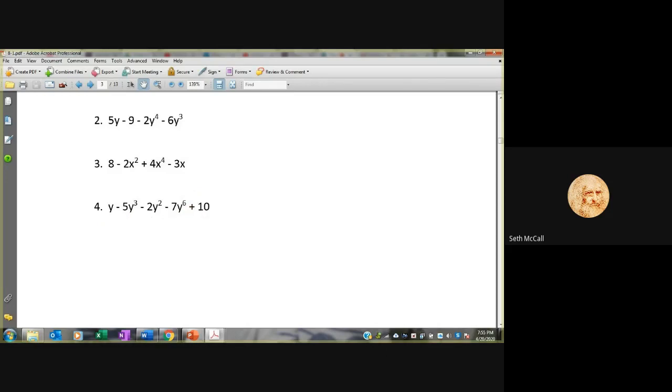So let's get started by ordering them. The highest degree is this minus 7y to the sixth, so we're going to write negative 7y to the sixth, cross that off. Then we're going to do this one right here, which is the minus 5y to the third, cross that off.